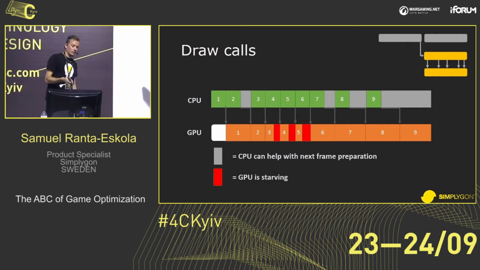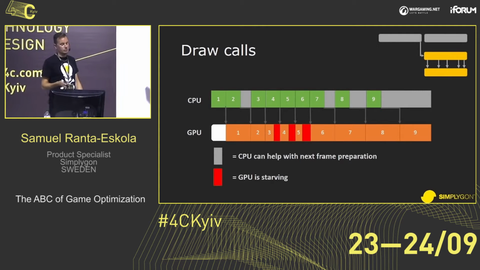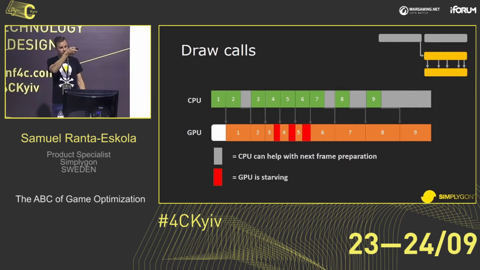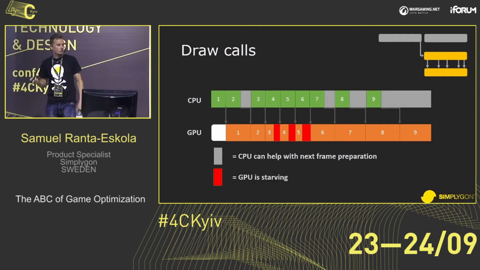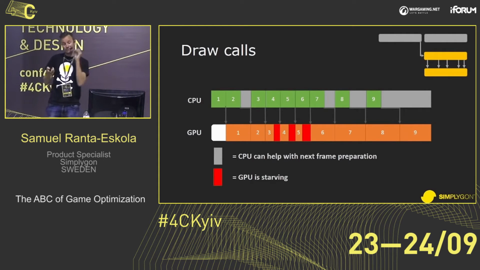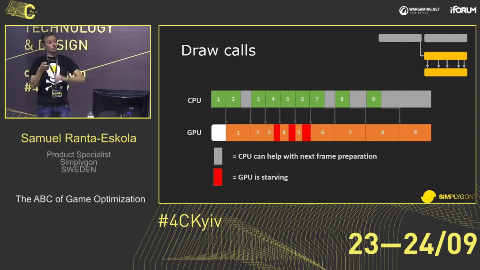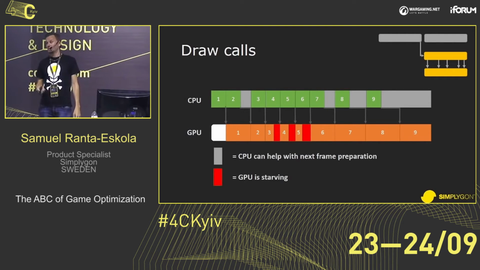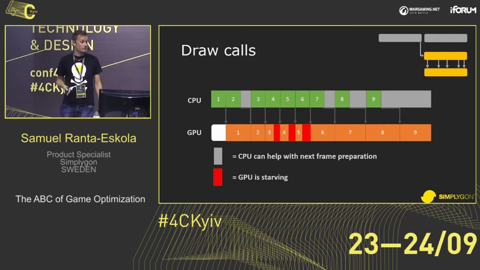And when it's ready to ship draw call 2, it can then start making 3, and it goes on like this. But suddenly here we get draw call 3. In this case, the GPU side of things is shorter than the time it takes to create the draw call. What will happen then is that we get this starvation.